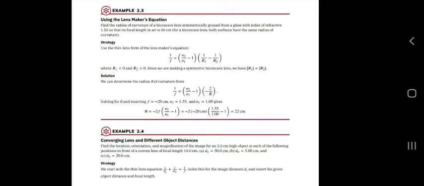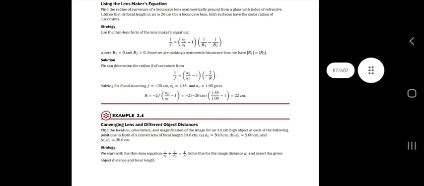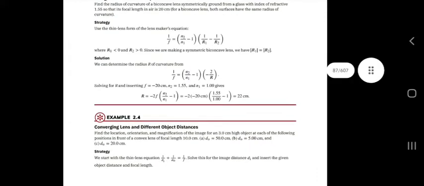So from this we must use the thin lens form of the lens maker's equation. 1 over focal length is equal to n sub 2 over n sub 1 minus 1 times the quantity of 1 over r1, or the radius 1, minus 1 over r2, where r1 is less than 0 and r2 is greater than 0.